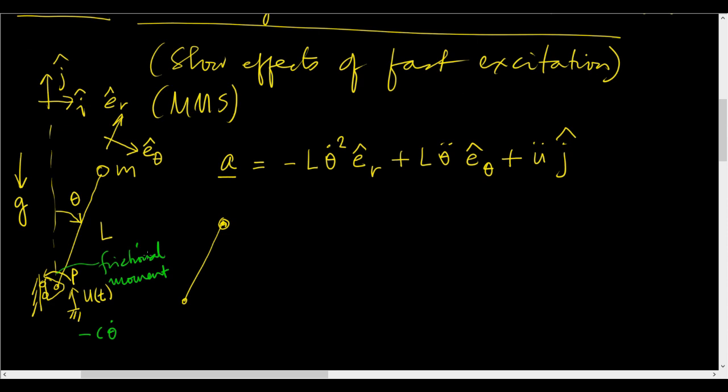Okay. Now, over here in the free body diagram, there is some arbitrary reaction force R and a moment like this, which is c theta dot. However, it should be clear to you that the net moment about this point should be 0.